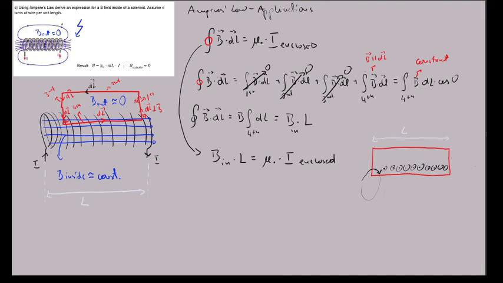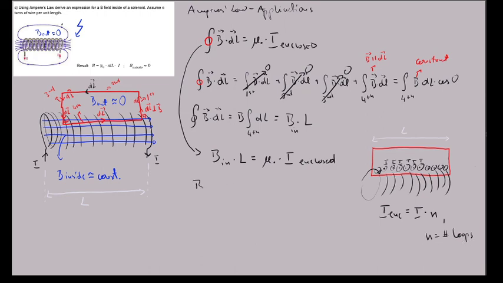And every single one of these is the current I. So I enclosed is equal to the regular I, the I in the solenoid, times N, where N is the number of loops in the solenoid.